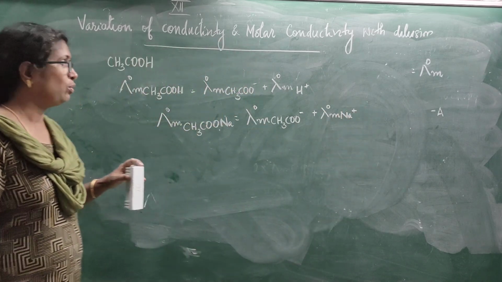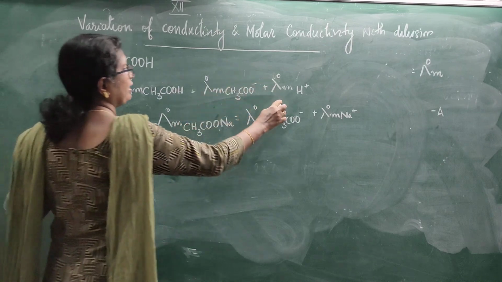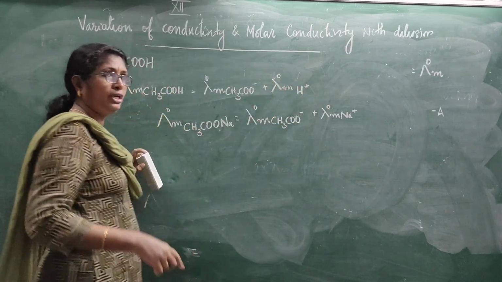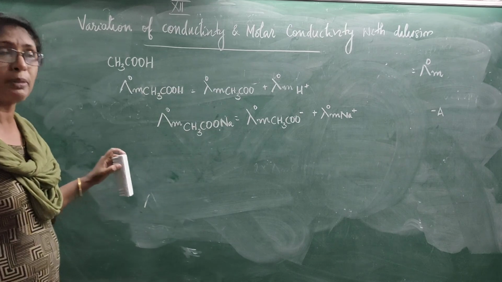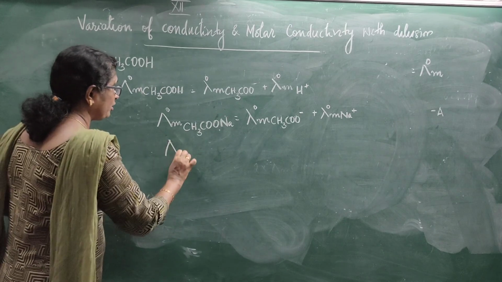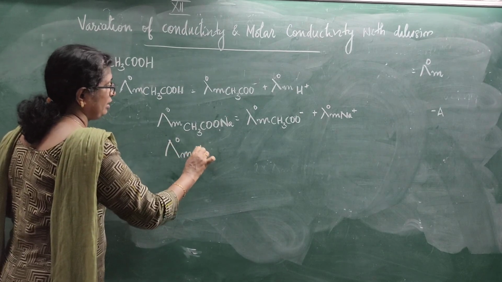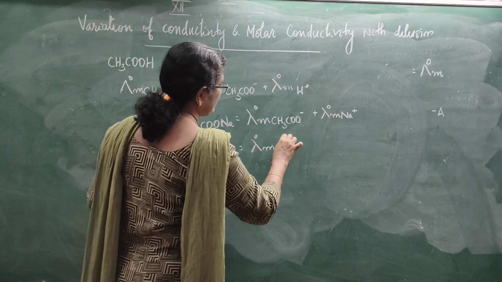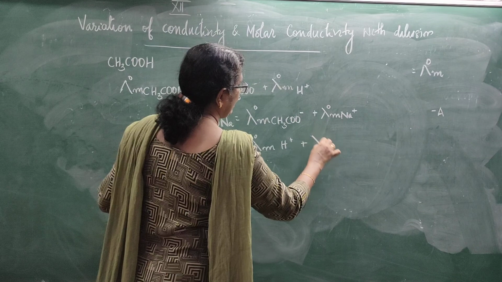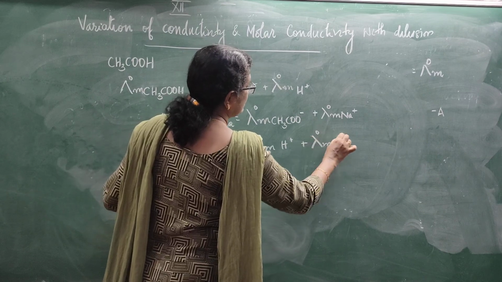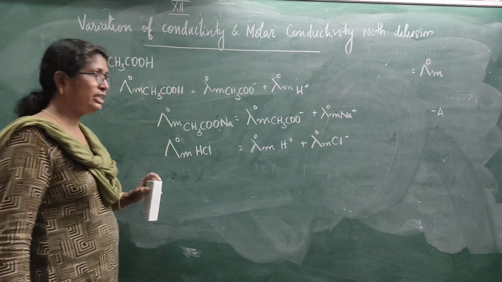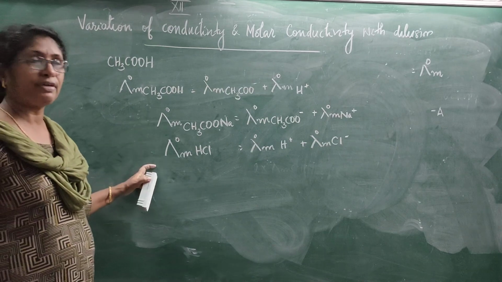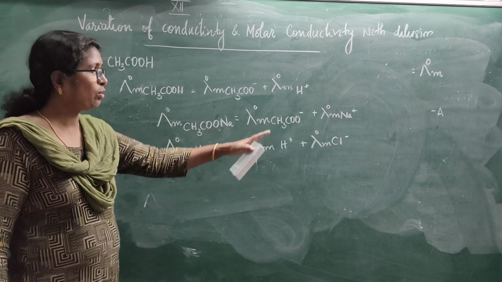Now we have to find out lambda m naught of H+. You find an electrolyte which gives H+ ion. Lambda m naught of HCl is equal to lambda m naught of H+ plus lambda m naught of Cl-. So these two, if you find out graphically, you will get CH3COO- and H+.